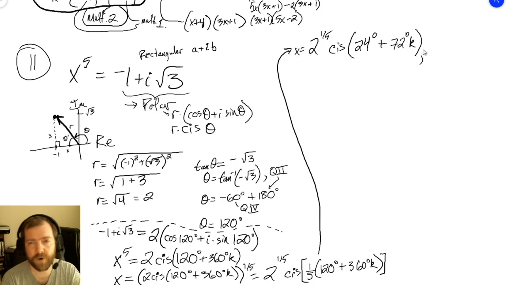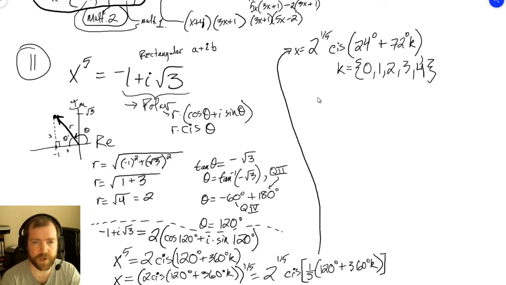X is going to be equal to all of this when K is equal to 0, 1, 2, 3, or 4. Now, why that is broken down further in what we get when we actually do it out.